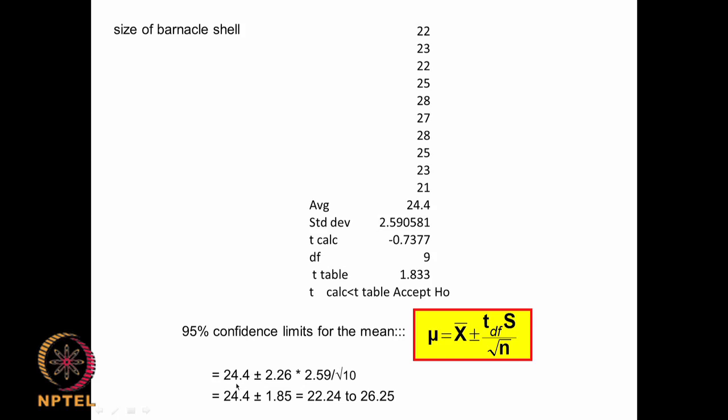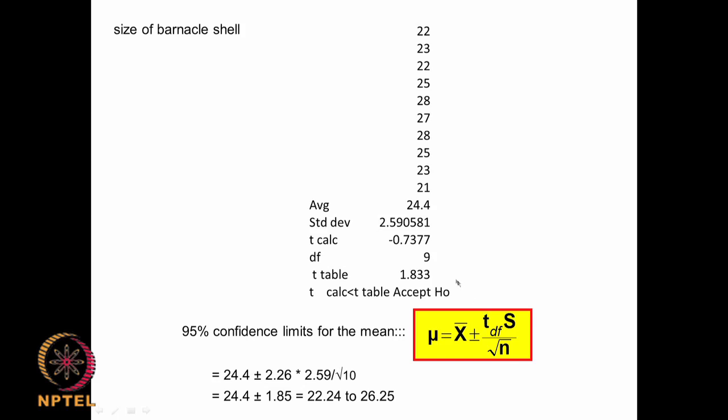In order to get a confidence limit on the mean which we calculated from the sample, as you know this equation: mu is equal to x bar plus or minus T into S by square root of n. The S by square root of n is called the standard error. I talked about this a long time back. Now, you need to know the T value.